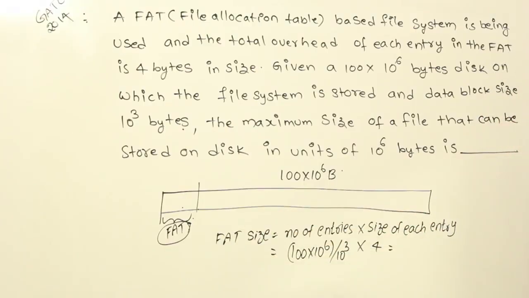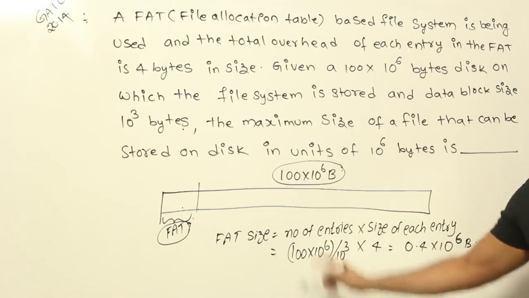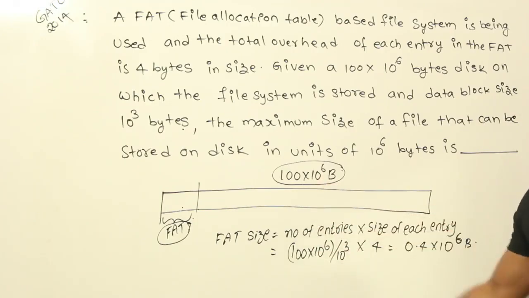Now if you observe this size, this is going to be 0.4 into 10 power 6. I am trying to write it in terms of 10 power 6 only, right? Now see this, the total size of the hard disk is 100 into 10 power 6 and the size taken up by the FAT table is 0.4 into 10 power 6.